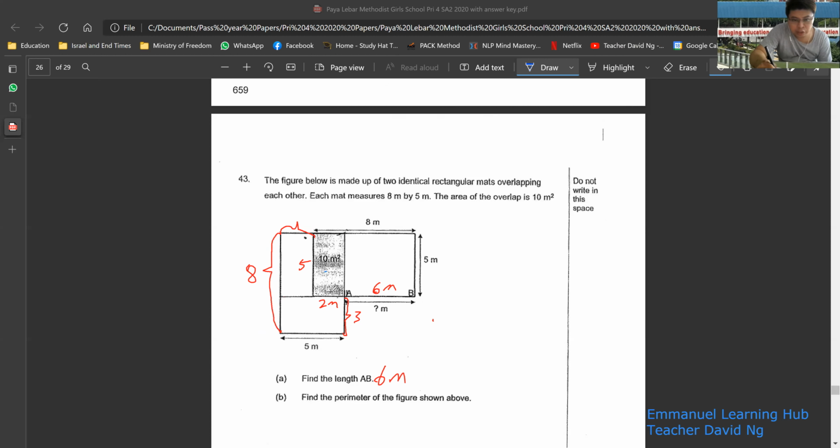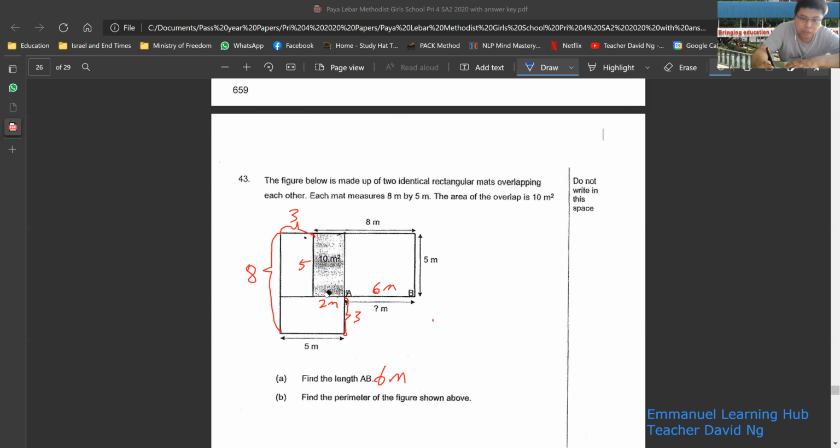Here is 5, here is 2, here is how many? 3. So this is 3. Now you can find the perimeter already, right?